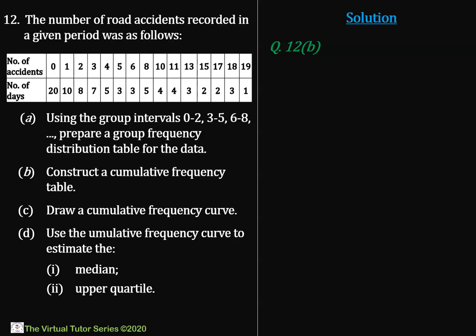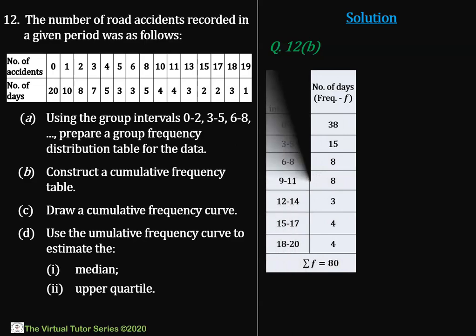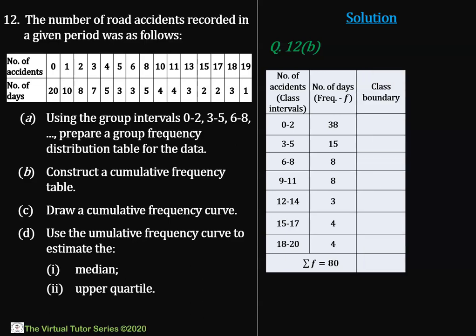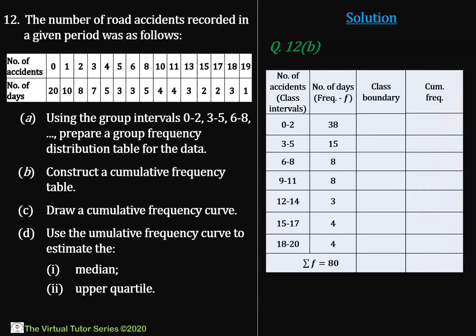We have our frequency distribution table here. For the cumulative frequency table, we need to add two more columns, one for the class boundary and the other for the cumulative frequency.